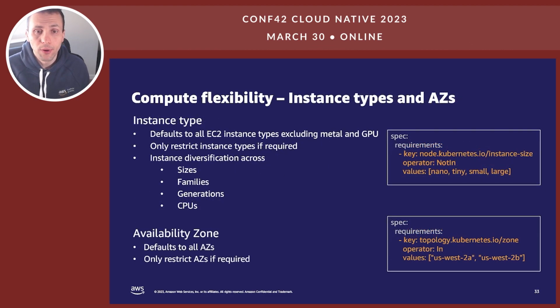Another capability is you can restrict instance selection by diversification across different configurations. So you can define the size, the family, the generation, and the CPUs. In this example, you don't want Karpenter to spin up instances that are nano, tiny, small, and large.